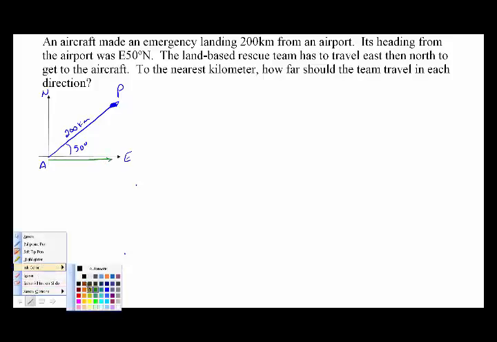But the problem is that the rescue team has to travel east and then north to get to it. I don't know, there's a great big mountain in the way or something. So the question is saying, how far do they have to travel in each direction? So the team's going to have to go there first, and then there to rescue the survivors.